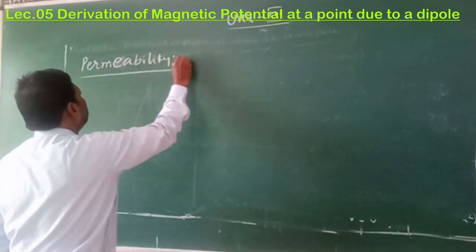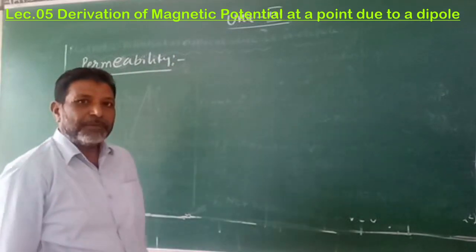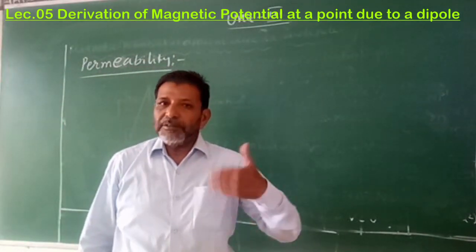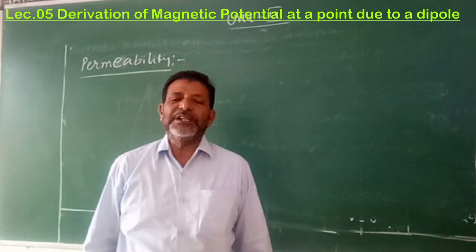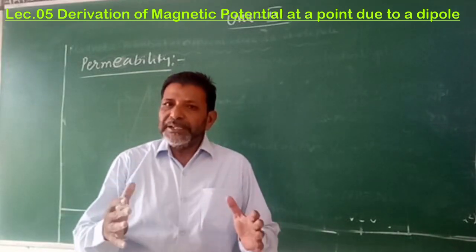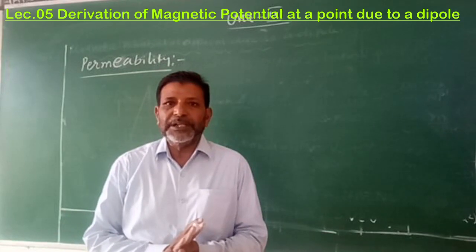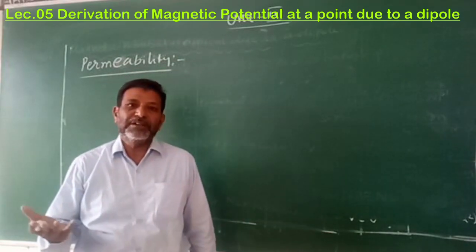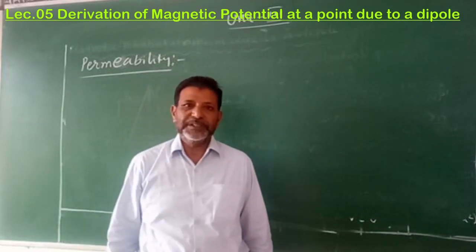What is the meaning of permeability? In the very first class we discussed that magnets are of two types: the permanent magnet and the non-permanent magnet.